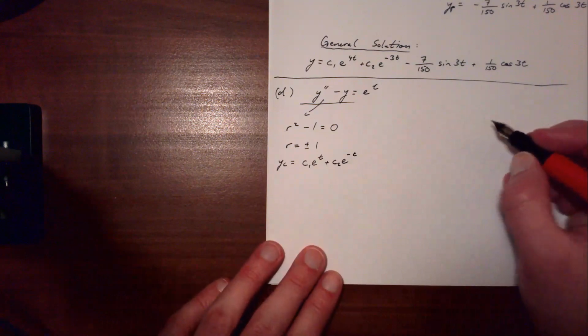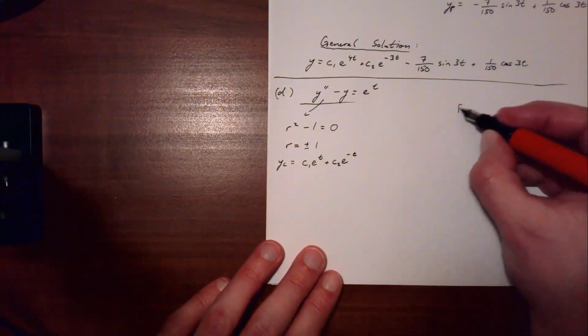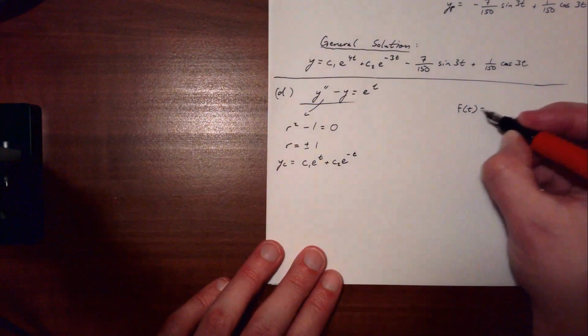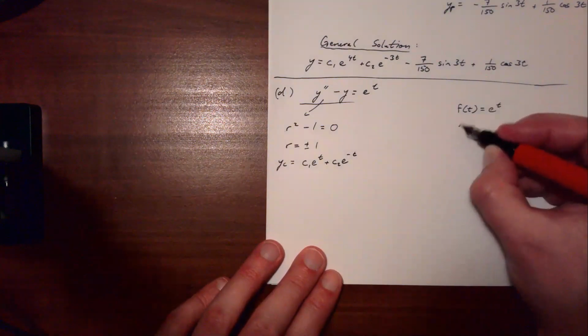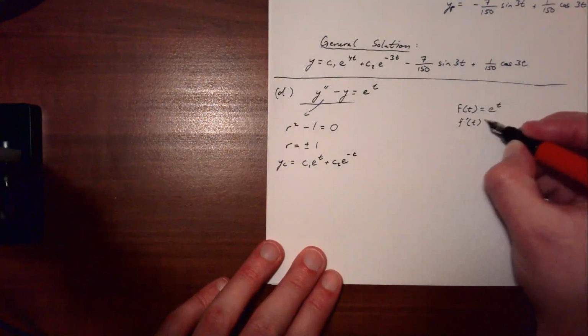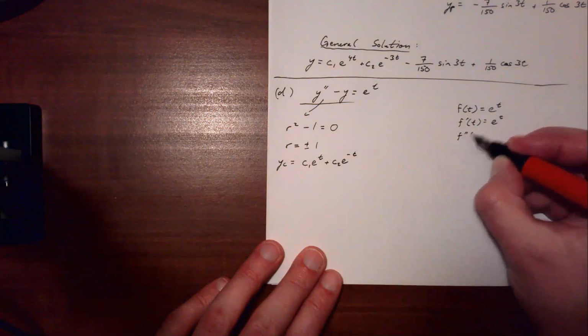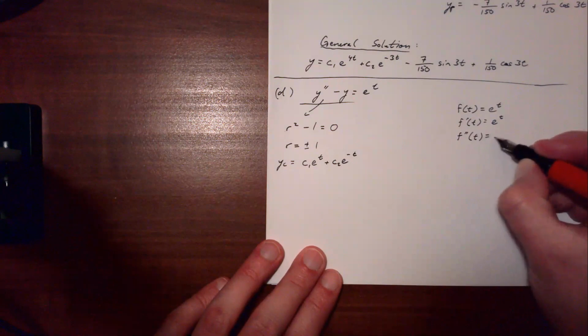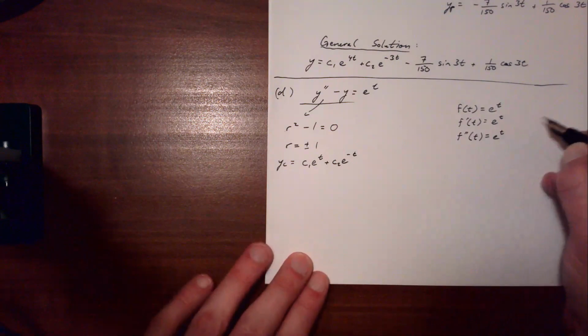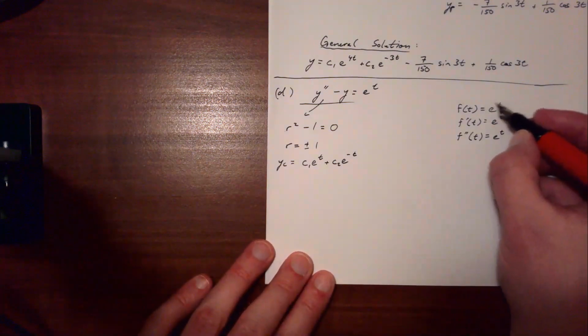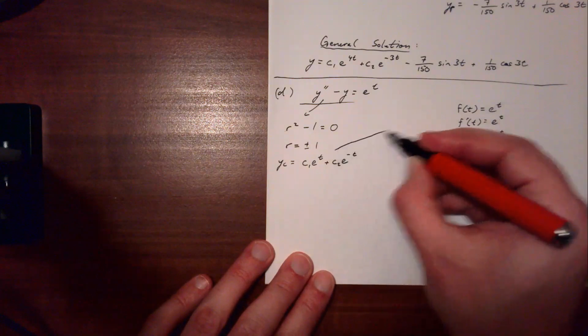Well, that's all well and good, but then when we look over here at f of t and f prime of t and f double prime of t, we keep getting e to the t, and no matter what, this is a duplicate.